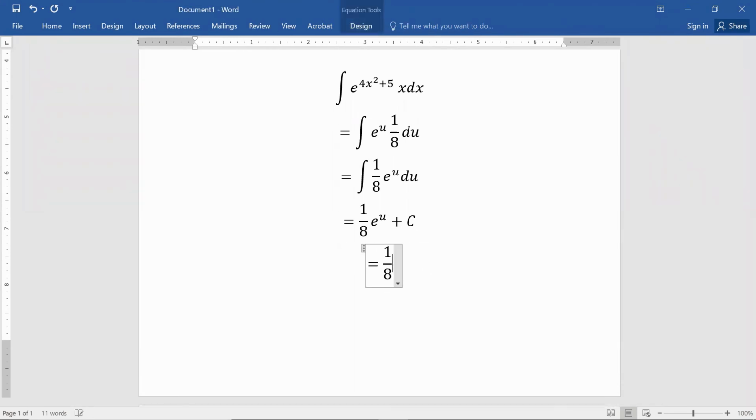We got 1/8 e to the 4x squared plus 5 plus a constant of c. That's how to do this problem.